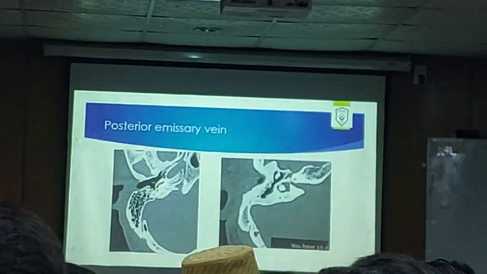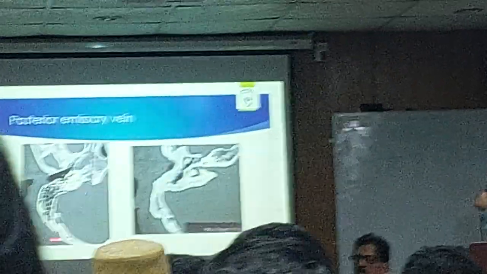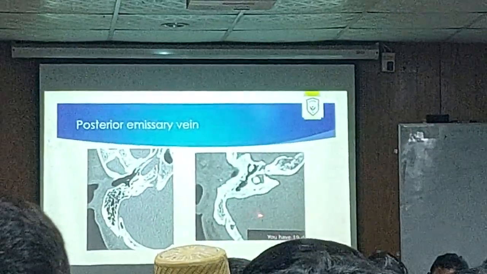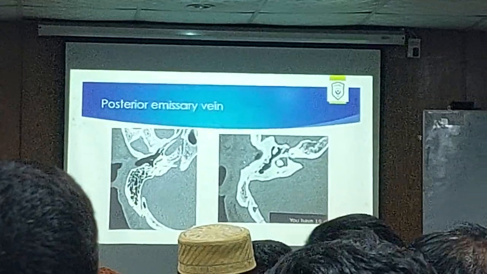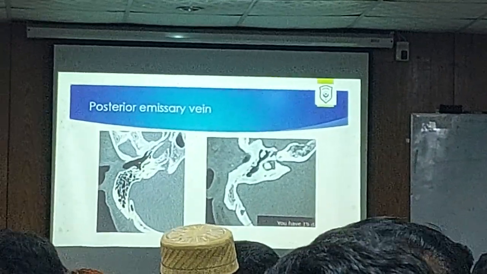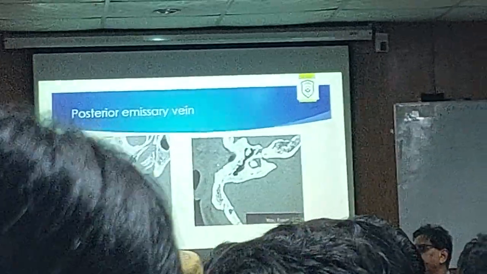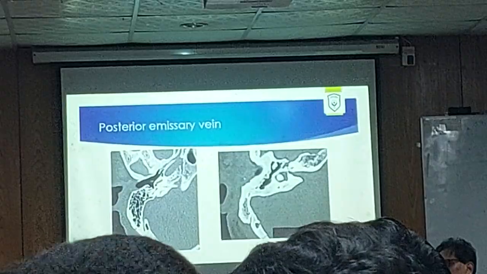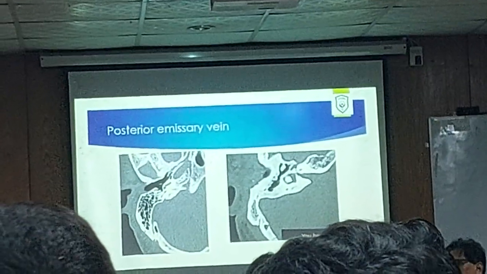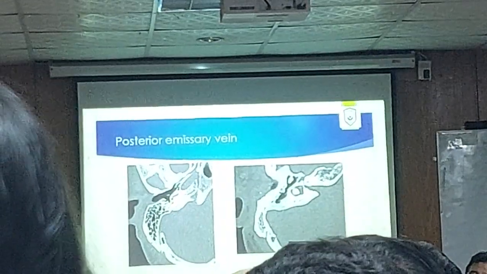Again, this is the posterior emissary vein. Anisur mentioned in his lecture, before doing surgery, we can easily see the position of the posterior semicircular canal. In a classical canal wall down mastoidectomy or vertical mastoidectomy, the posterior limit of the mastoid cavity is the posterior emissary vein.